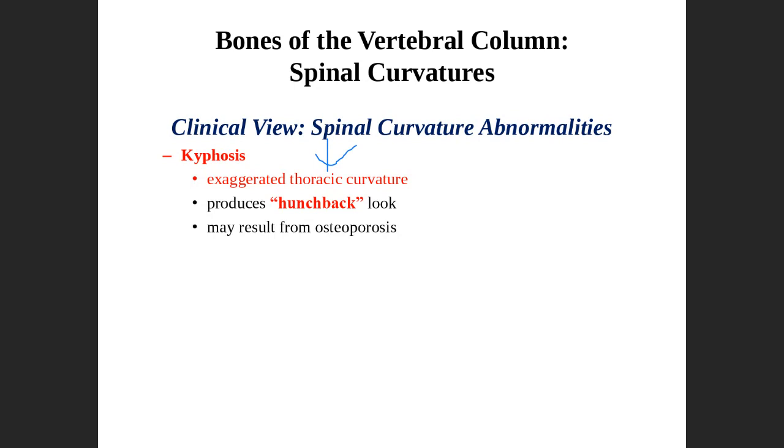A lot of it is going to be postural, but eventually, when you get old enough, osteoporosis is going to play a role, especially in older females, especially if you're predisposed genetically. That will play a role in the formation of that thoracic curvature. So that's the person that has that hunchback appearance.